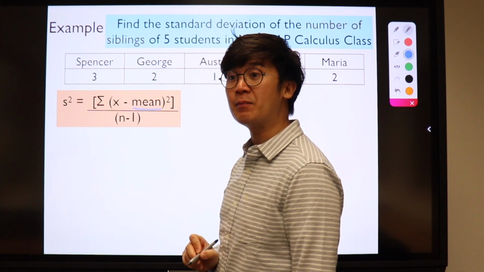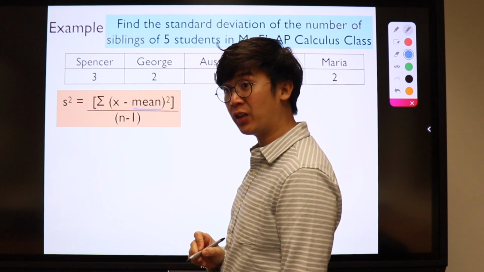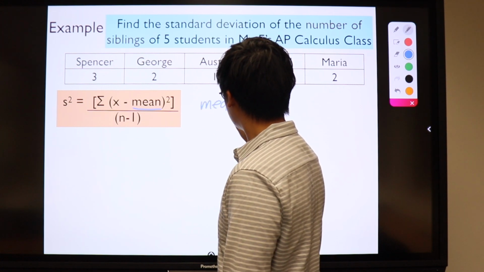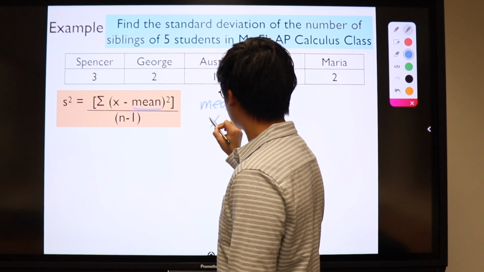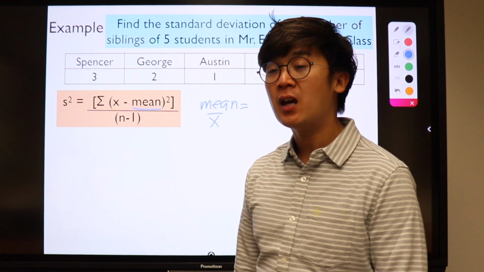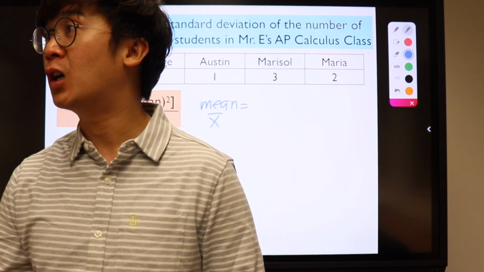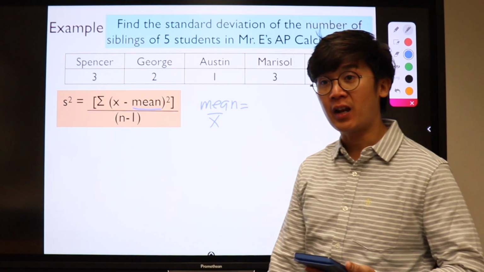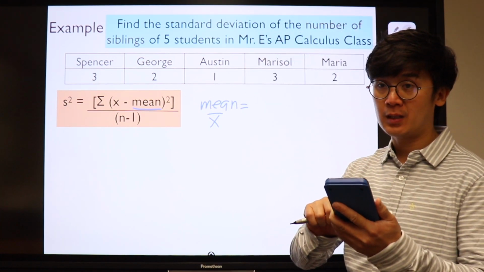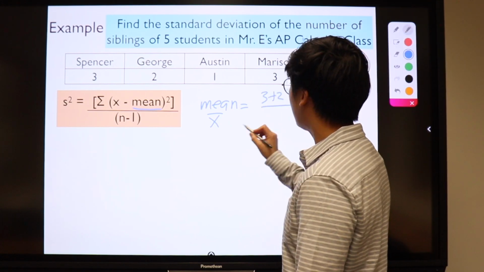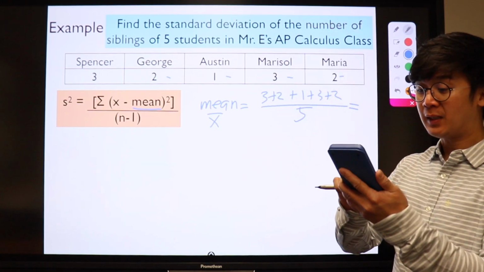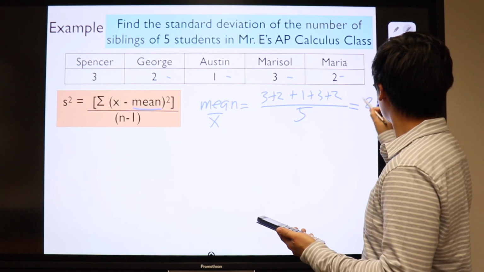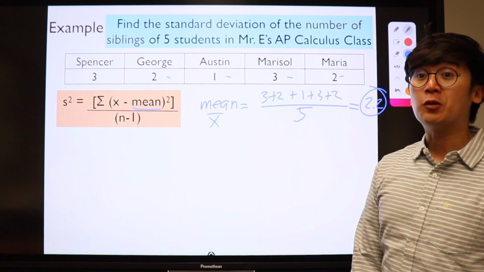Do you know how to find the mean using your calculator? What is the mean number or average number of siblings in this survey question? It gives you 2.2. So that is your mean.